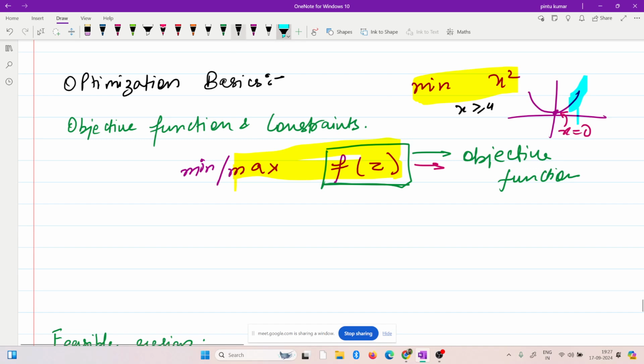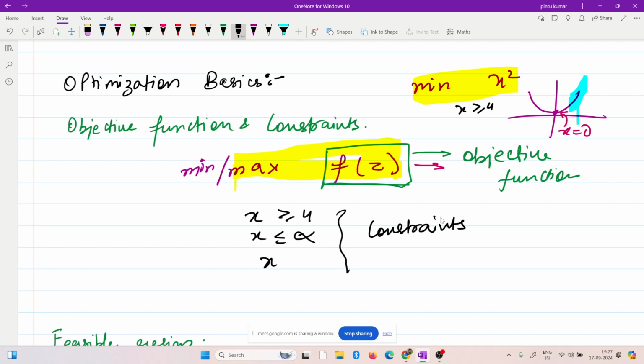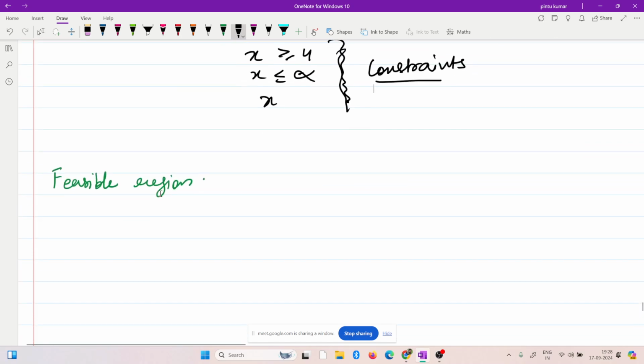So if I impose some extra conditions, for example, x is greater than or equal to 4 or x is less than or equal to some alpha, any condition I impose, these extra conditions are called constraints. So I want to minimize or maximize my objective function, but I also want some conditions to be fulfilled. Those conditions are called constraints. Okay, so I hope that was clear.